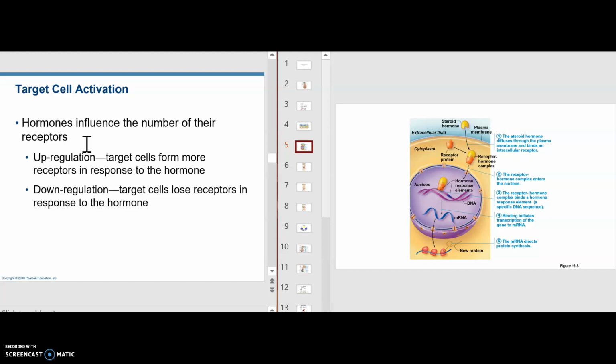And the more receptors you activate, the more the action will be. Downregulation would be this: the blood level of a hormone is too high. The target cell does not want to activate as much as the blood level is dictating. So the thing is to take the receptors in.